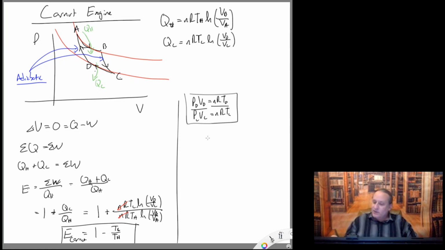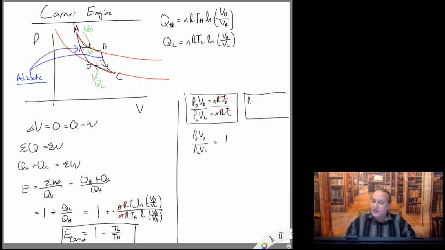We know that the n and the R cancel, and TD and TC are the same because that's an isothermal line. So that tells me that PD VD over PC VC equals 1. And we can use the same logic on the other ratio, VB over VA.